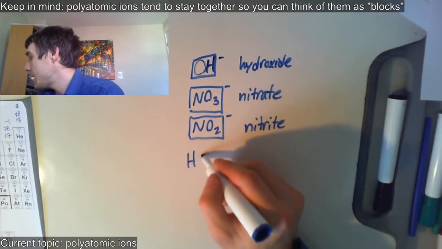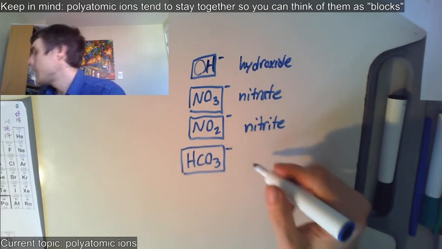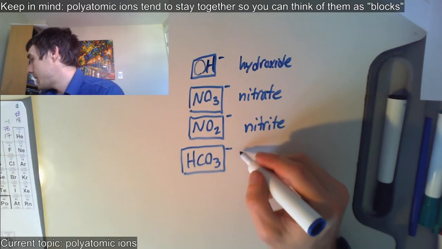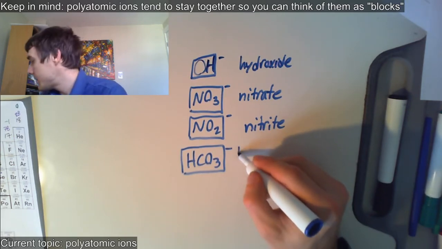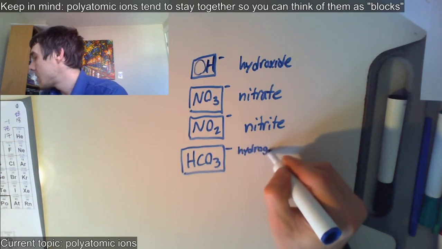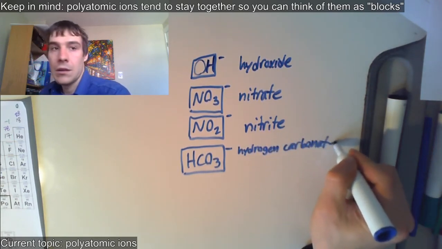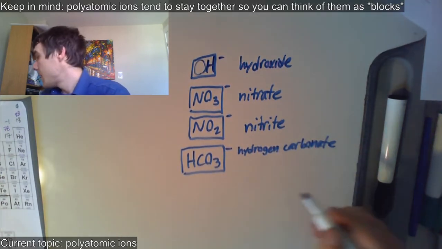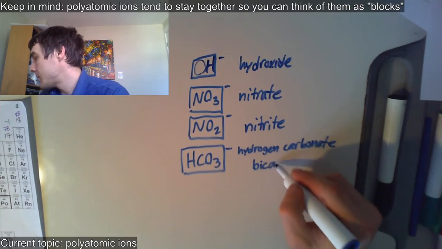Another one is HCO3, which actually has two different names. The official name, the IUPAC name, the one that IUPAC wants everyone to use for it, is hydrogen carbonate. Hydrogen carbonate. But the old name for it is still very much in use because it's easy to say.